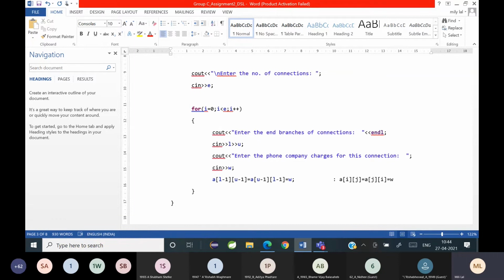Is it clear? So that is the meaning of this particular statement. Since it's an undirected graph, you take the edge as bidirectional. In both ways, from I to J or J to I, the weight is going to be the same. Is it clear?